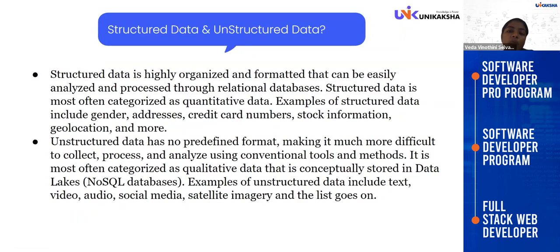Okay, so in this part, we saw what data analysis is and what its process is, and as a data analyst, what strengths you need to improve. So those are all the things you saw, right? Now you want to understand this basic concept called structured data and unstructured data. Okay, so what does structured data mean? It is highly organized data. For example, a credit card number, an address, a gender, or stock information.